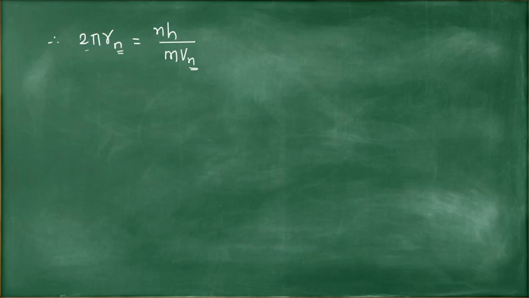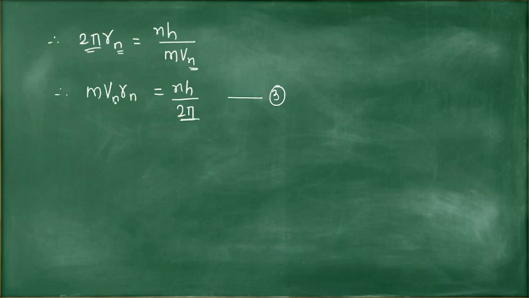So next transfer the terms: mvn rn. So take this 2 pi to the right hand side at the denominator place and mvn to the left hand side in the numerator place.